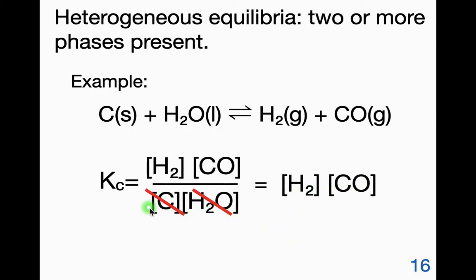Now I've included it here just for instructional purposes, but you would not need to include it at all, or you shouldn't include it at all. We simply pretend like anything that's a solid or a liquid, and could be on either side, if it's a solid or a liquid, simply ignore it, omit it from the equilibrium expression.